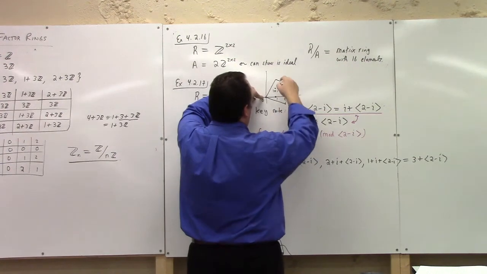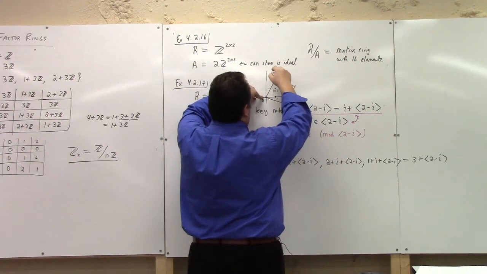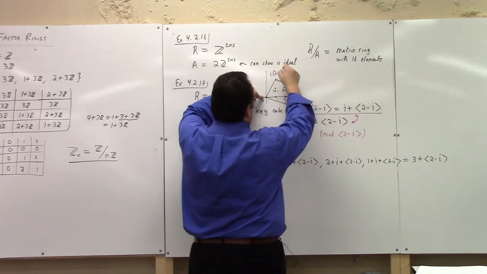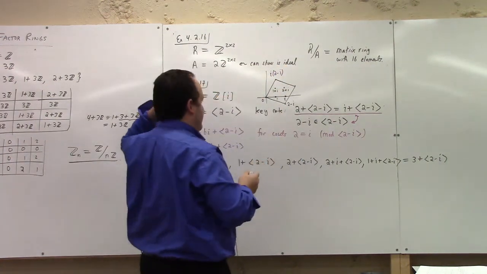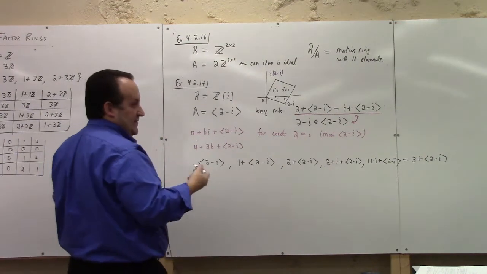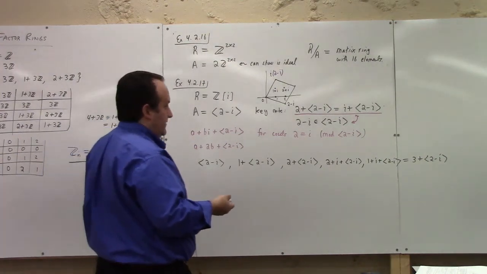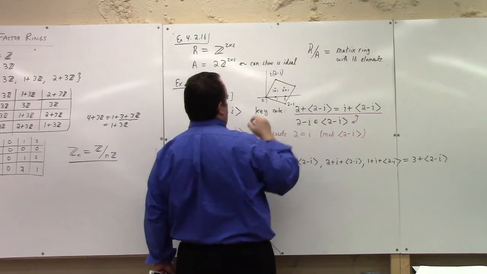Up here is i times 2 minus i, so that's also just i times 0, so that's still 0. That's also 0. This one's still 0.